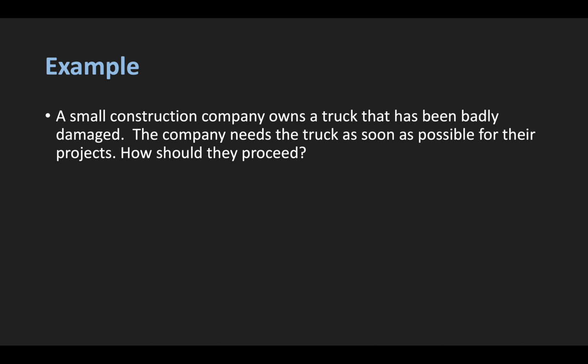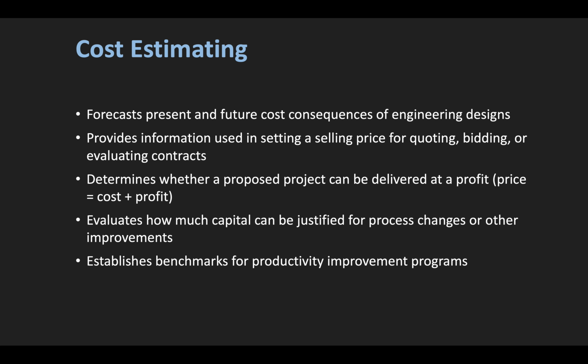So in this case, you can see that there are alternative options, and they really just relate to the cost. What would be the cost, right? And when we try to do this, a lot of times we need to do cost estimation, or cost estimating.